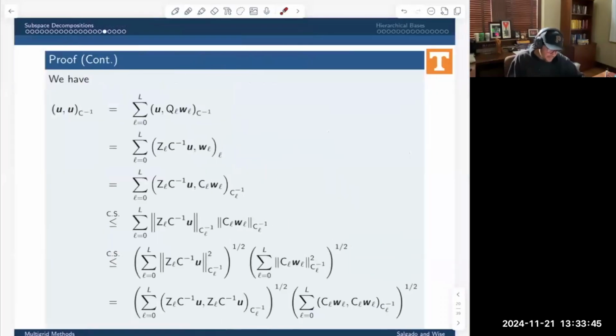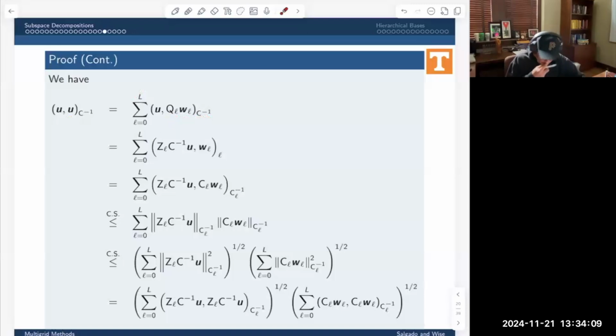So let's start with the object on the left. Because we have a subspace decomposition, we can write U, the second entry in this inner product, using that subspace decomposition. And then we're simultaneously going to pull the sum out using the linearity of this inner product.